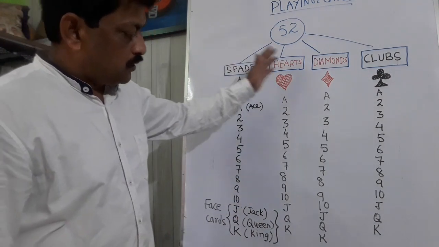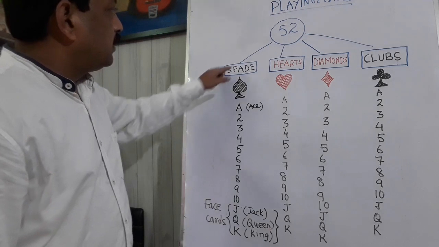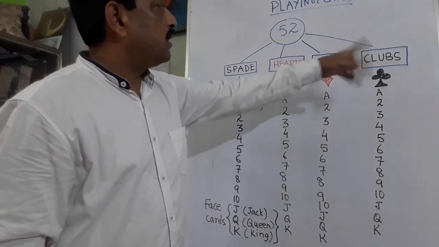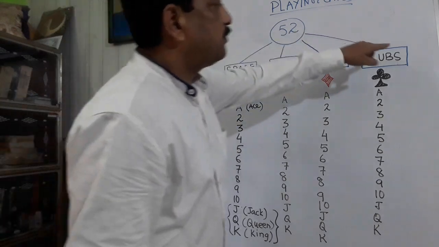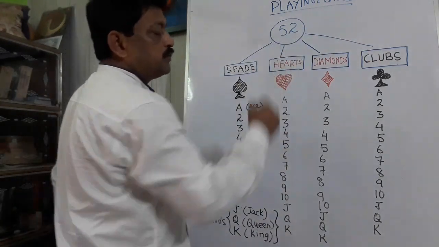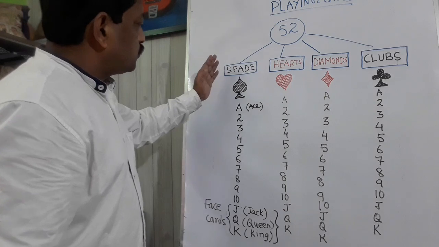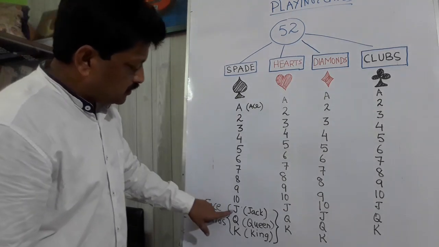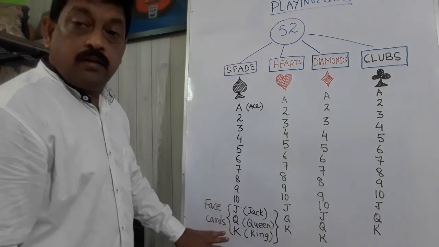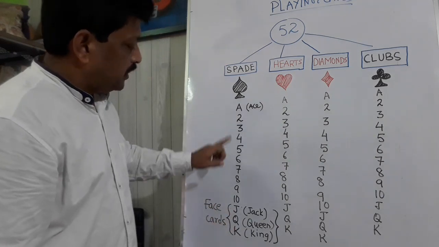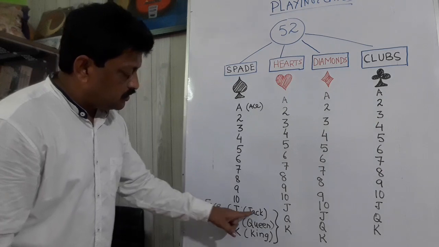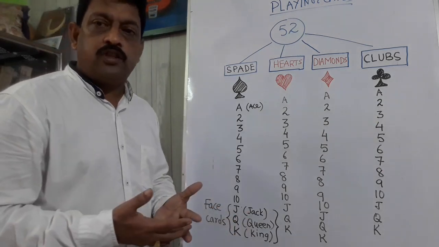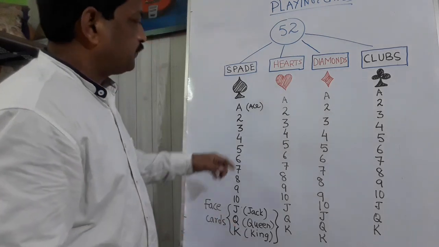So this is the total structure of a playing card. 52 cards are divided into 4 different suits: spade, hearts, diamonds, clubs, of which spade and clubs are black in color and hearts and diamonds are red in color. Each suit has 13 cards. The first one is known as A and the last 3 J, Q, K. A is known as Ace and J, that is Jack, Queen and King, they are known as face cards because the face is printed on these 3 cards.